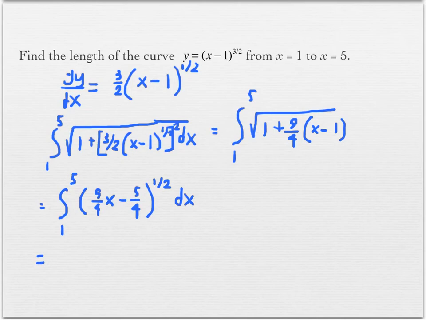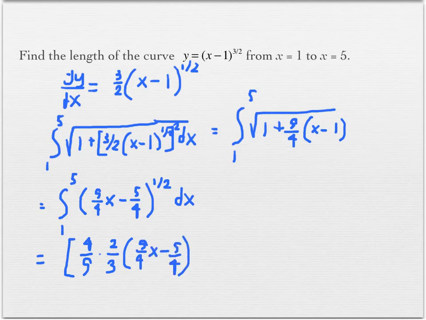So it's actually going to end up being 4/9 times 2/3, and then what we have in the parentheses here, 9/4 x minus 5/4. Remember, our power gets bigger by 1, so 1 bigger than 1/2 is 3/2, and then I want to evaluate that between 5 and 1.